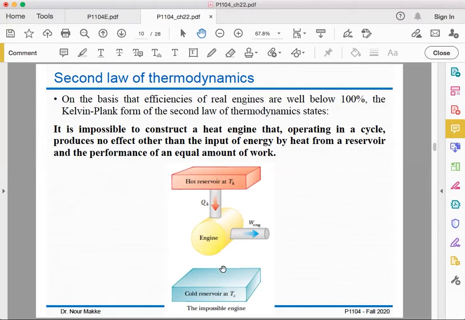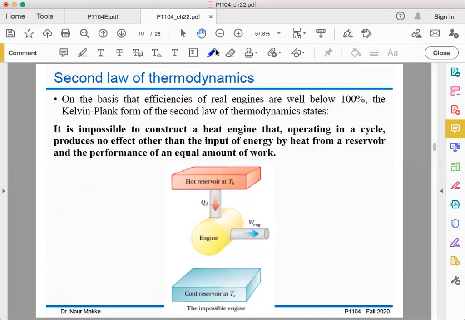So in other words, this is what we mean by the second law of thermodynamics: if you have this heat engine and a heat QH is absorbed by the working substance from the hot reservoir, the heat engine would never produce an equal amount of work, simply.